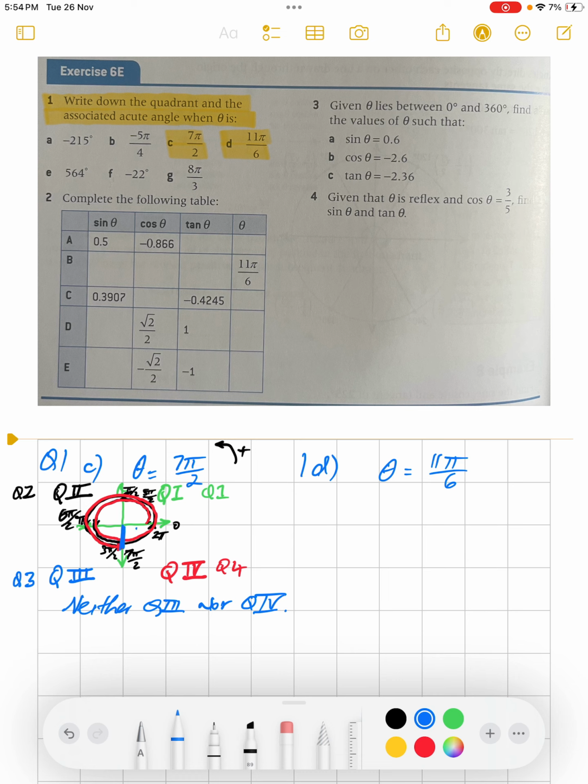It's negative another 90 degrees, another pi over 2. So there is no acute angle that we could select that would represent that particular question for part C.